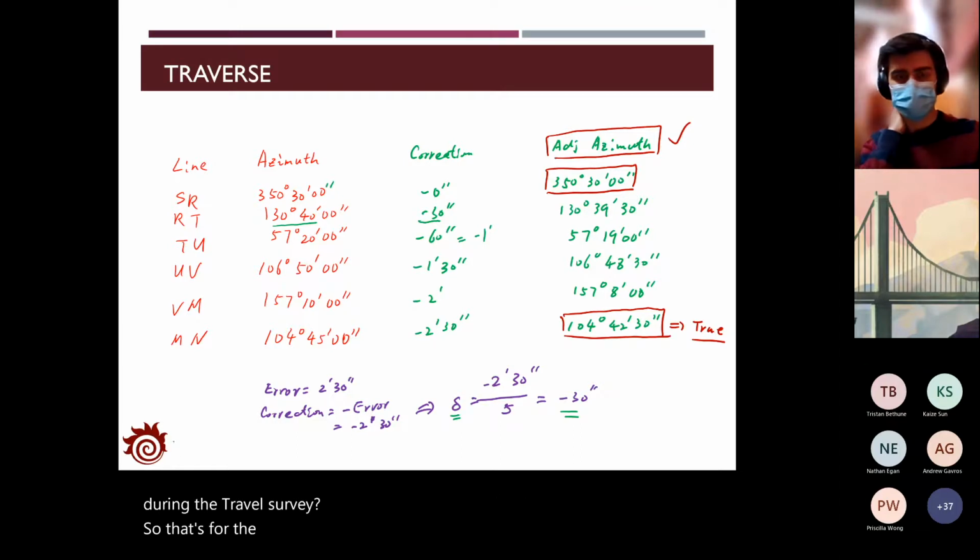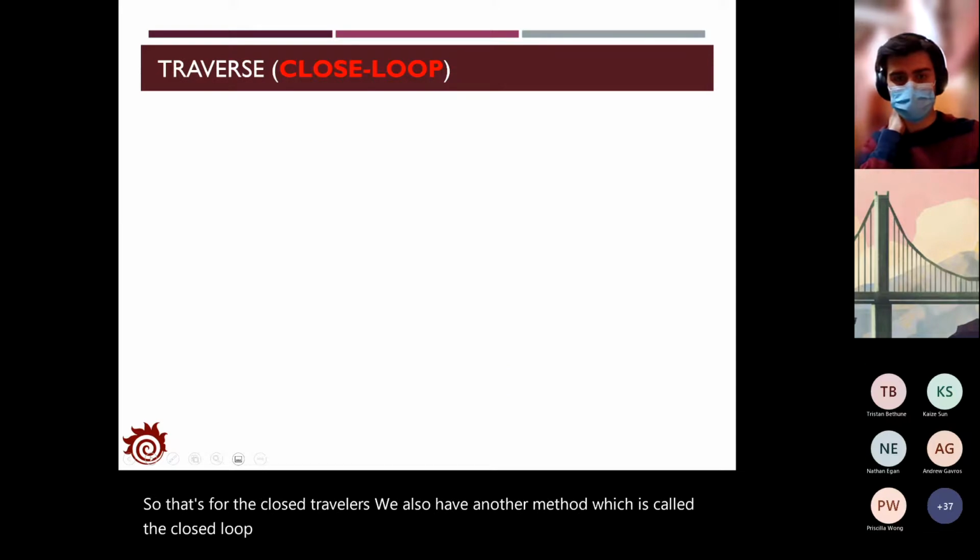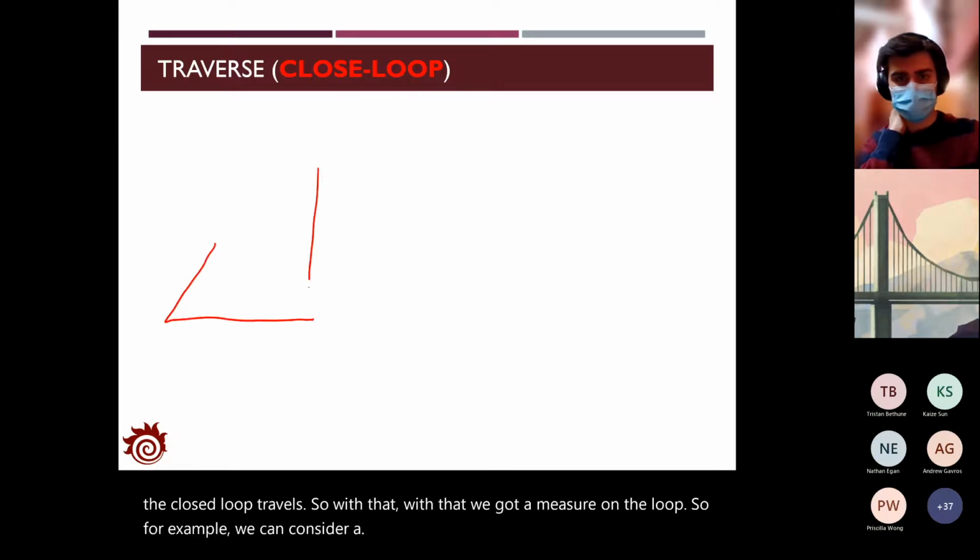We also have another method, which is called the closed loop traverse. With that, we're going to measure the loop. So for example, we can consider a closed loop.